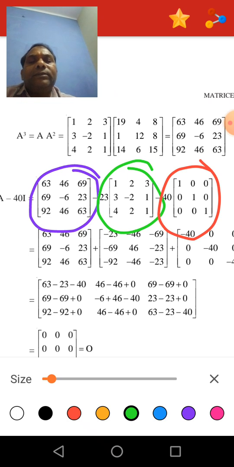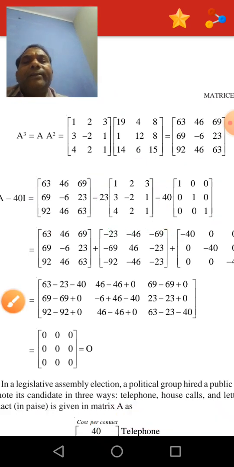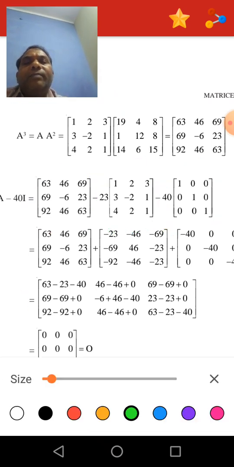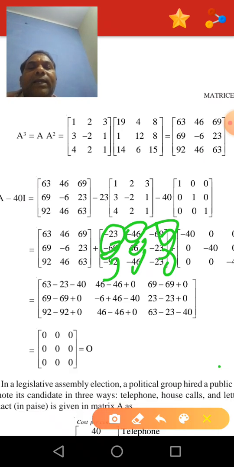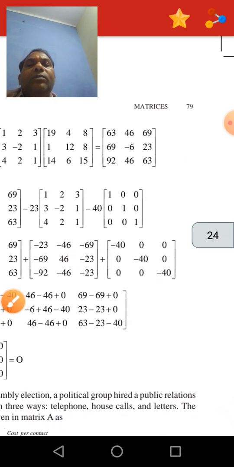Means here each element of matrix A will be multiplied with 23. This one, this one, this one. Clear? Similarly, in case of 40I also, you have to multiply each element of the identity matrix with 40.